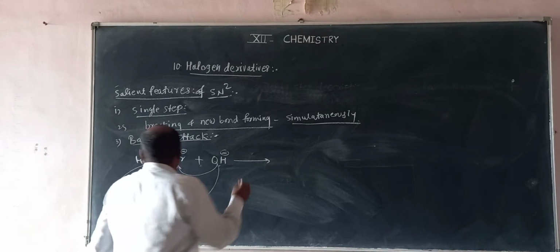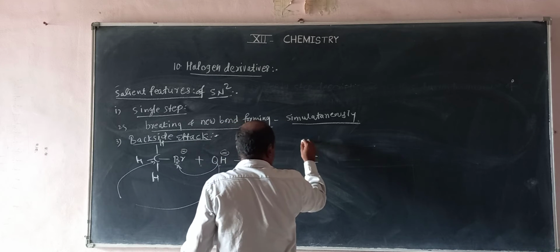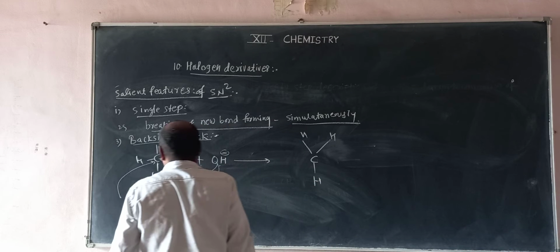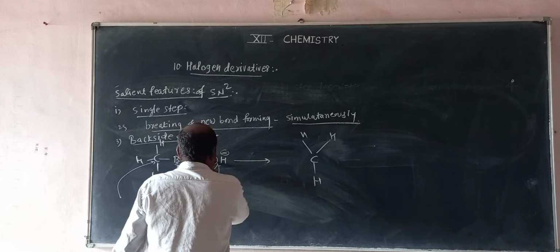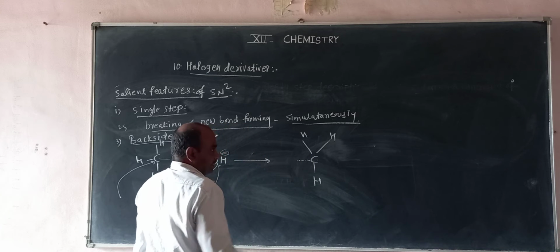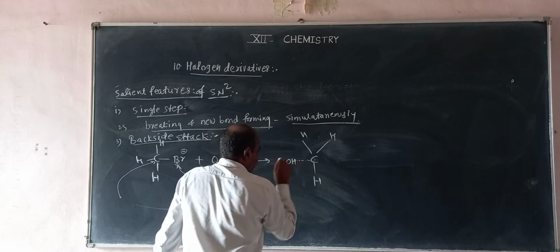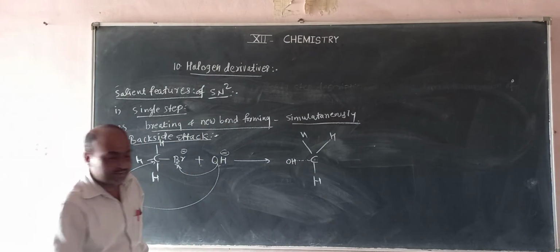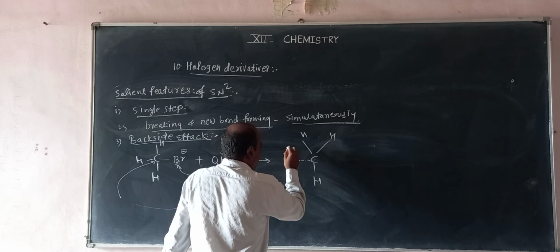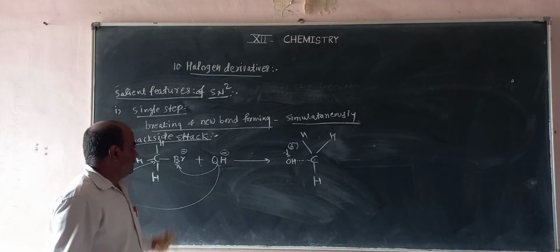During the backside attack, hydrogen atoms are placed like that, and slowly the OH minus approaches the electron deficient carbon atom. It forms a partial bond, called a minus 1/2 bond, or the partial bond may be shown with a delta sign.